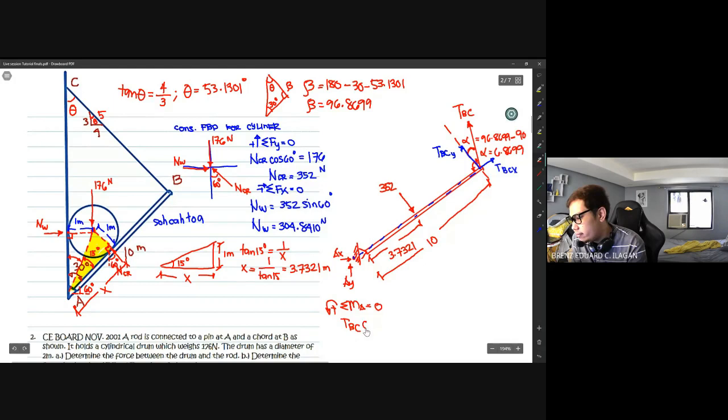So, TBC. Paano makuha yung Y component niya? Cosine of 6.8699 multiply by the distance. Given naman sa problem, that is 10. And then minus 352. I-transpose ko na lang sa kabila para maging positive. So, 352 multiply by the distance. Yun ang compute nga nating x na 3.7321.